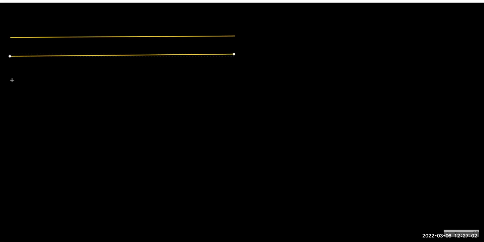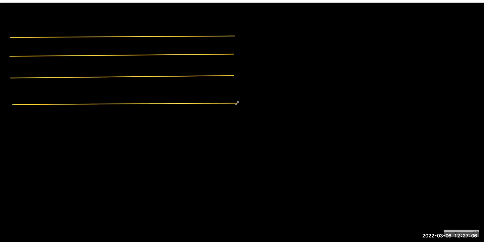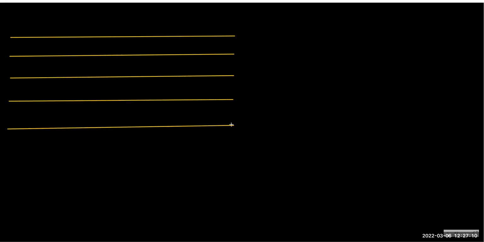Yes, N into N minus 1 by 2. So I'll show it for 4. Maybe this will help you in one way or the other. Okay, n equals 1, n equals 2.